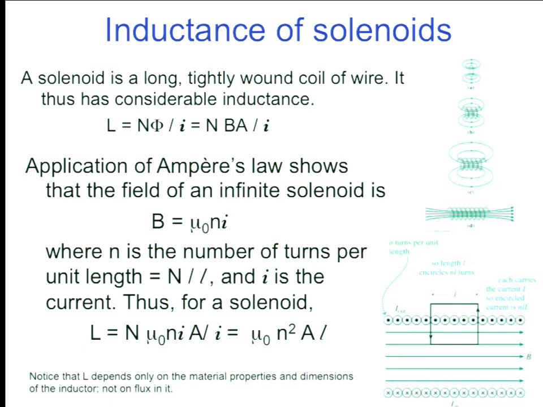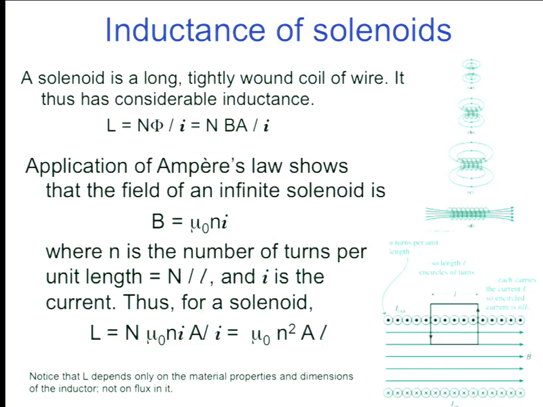And for example, we have a simple shape, the classic shape of the solenoid, tightly wound. We worked out a while ago what the magnetic field is in something like this.